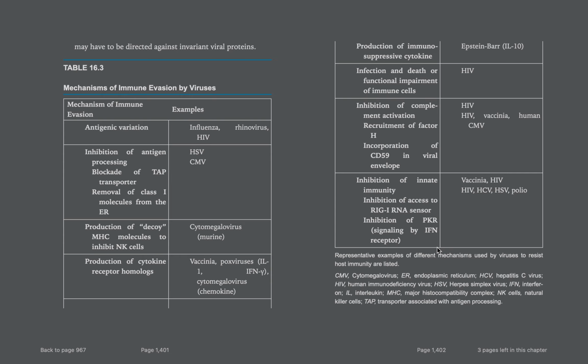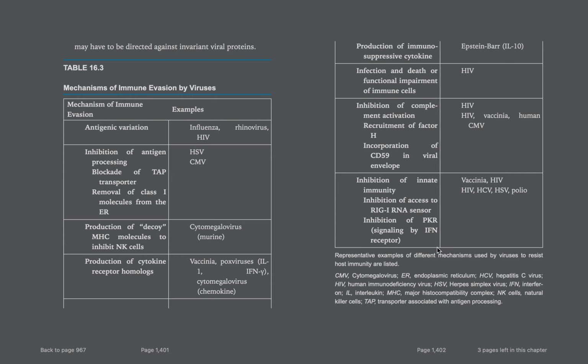Production of immunosuppressive cytokines, e.g., Epstein-Barr virus, which produces a lot of interleukin-10s. Infection and death or functional impairment of immune cells, mostly in HIV. Inhibition of complement activation: recruitment of factor H, incorporation of CD59 in viral envelopes.